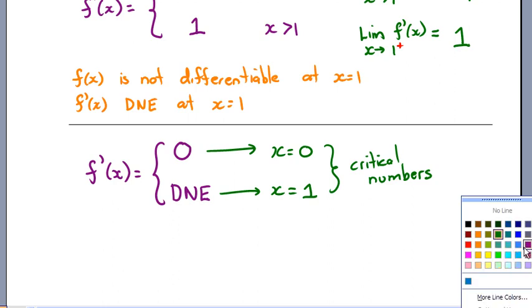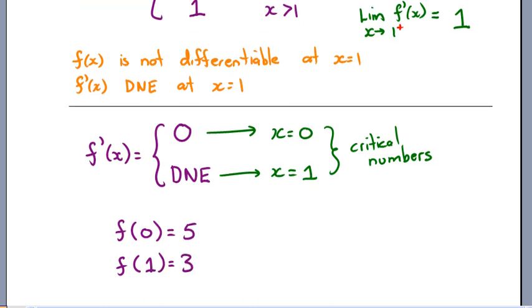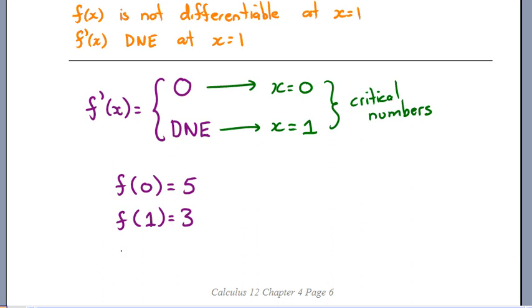So you go and you check out what the function is doing at 0, and you find out that its value is 5. You check out what the function is doing at 1, and you find out that the value is 3. And then you would go and ask yourself about the endpoints. Well, there are no endpoints.